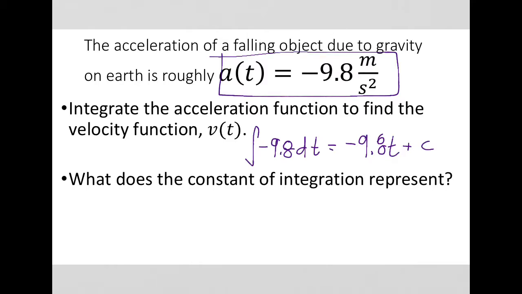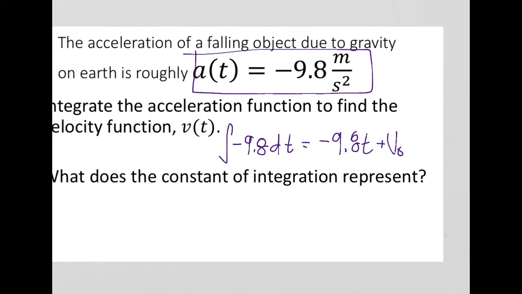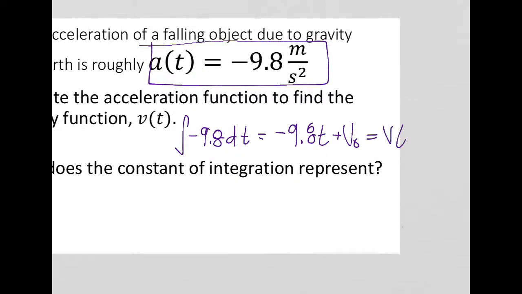But remember what the constant of integration represents in the context of a velocity function. It's going to represent your starting velocity, your initial velocity v0. And so we get this generic velocity function for free-falling bodies using the negative 9.8 force of gravity right there. And we get v of t equals that function.